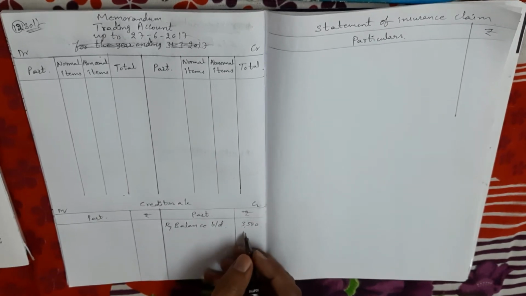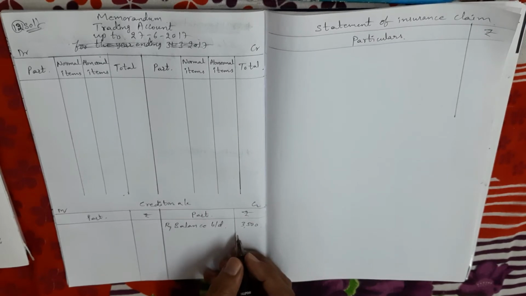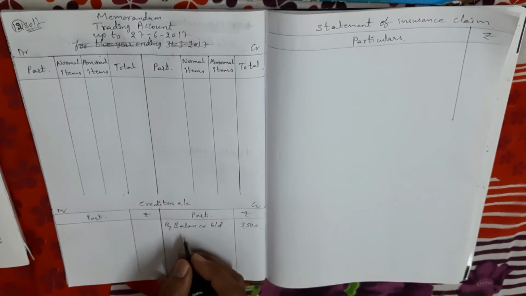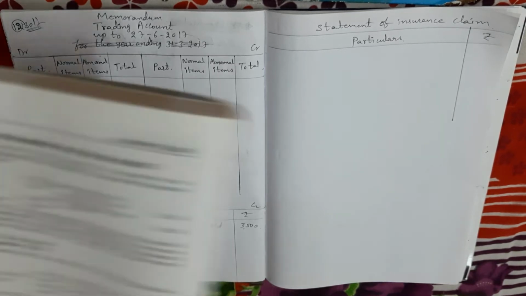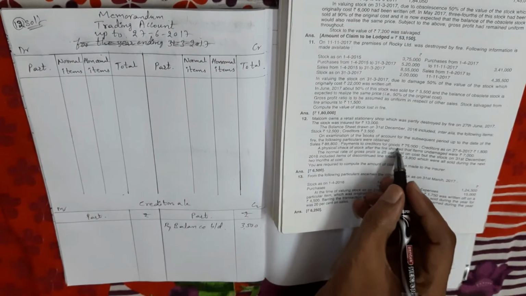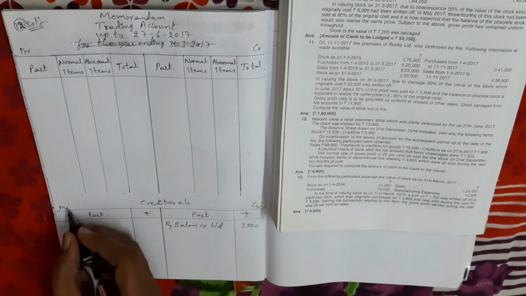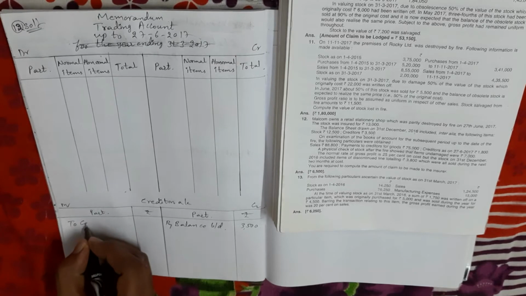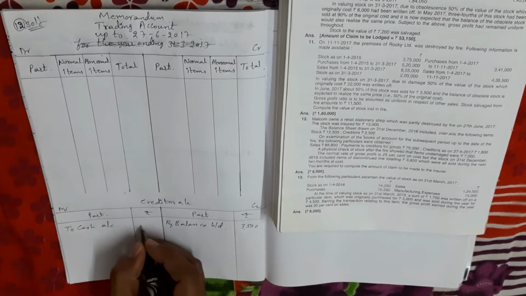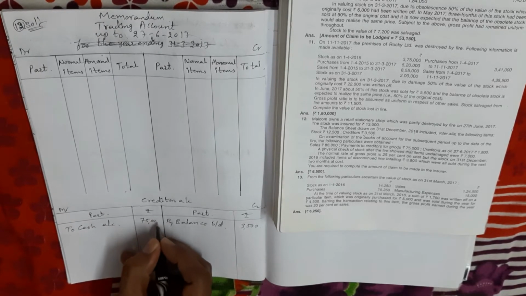Next, in the current year we paid 75,000 rupees. So the 75,000 rupees comes on the creditors account debit side, because the entry is creditors account debtor to cash account.